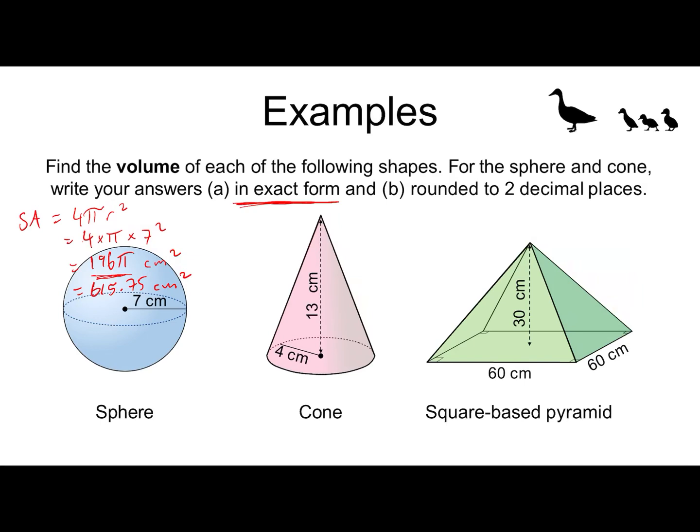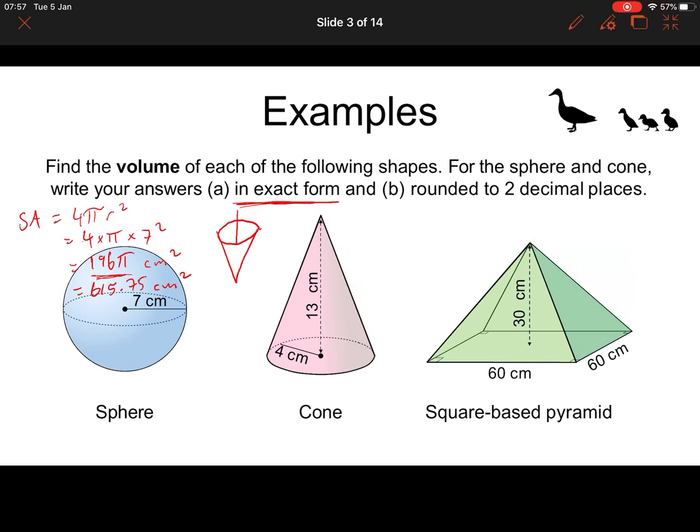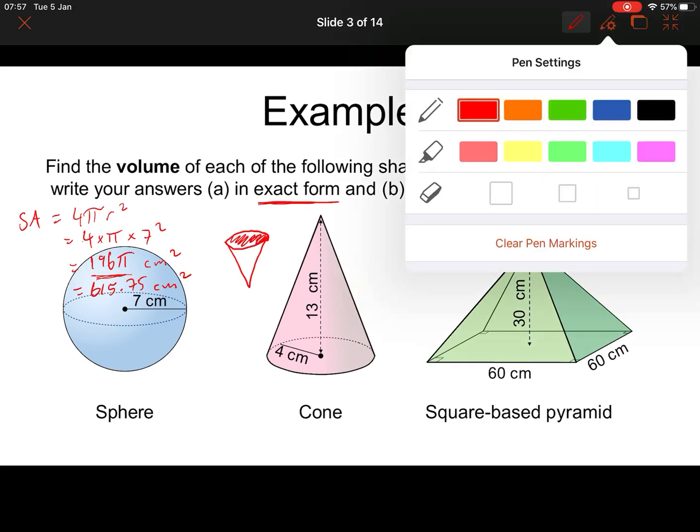Cone, not so much. Now, it doesn't tell me if it's a hollow cone or not. A hollow cone would be like an ice cream cone where you can basically put something inside the cone. So there's no lid to it. Whereas it could also be a solid cone where there is a lid and then the wraparound.